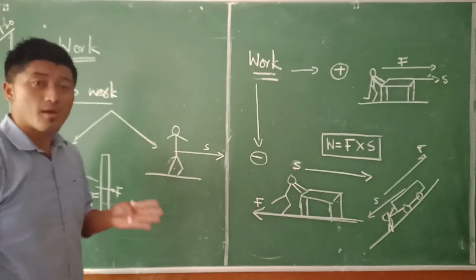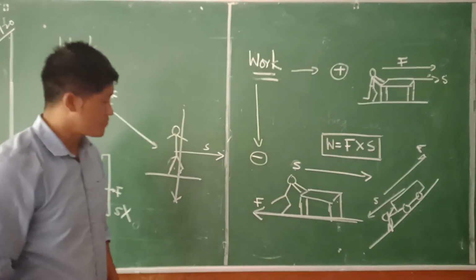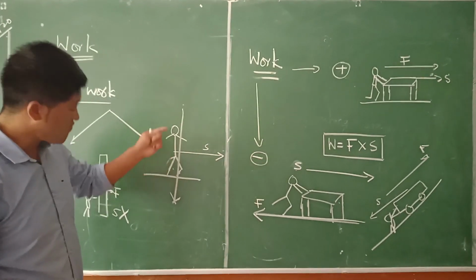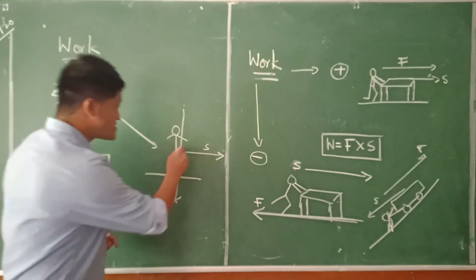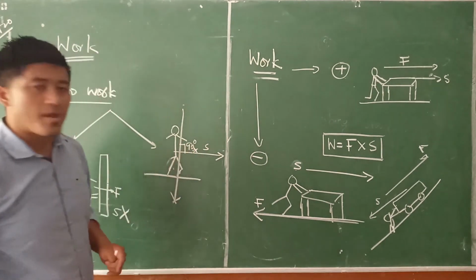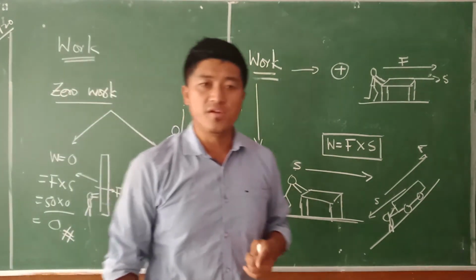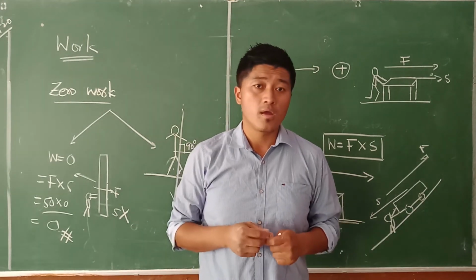But where is he applying force? He is applying force down there, on the ground, right? This person is applying force down on the ground, but he is moving in that direction. Do you see there is a formation of 90 degrees here? Whenever there is a formation of 90 degrees between force and displacement, work done is again 0.